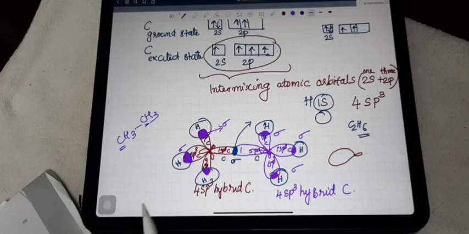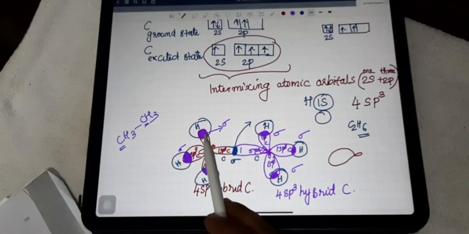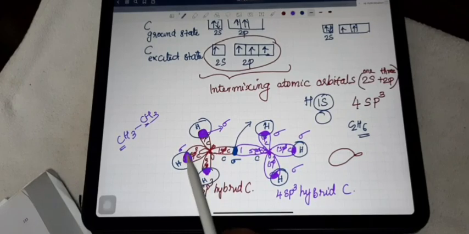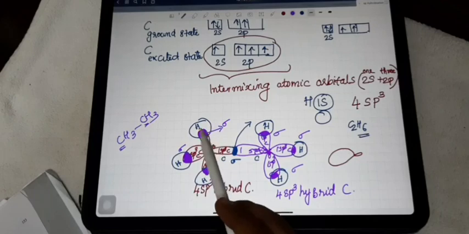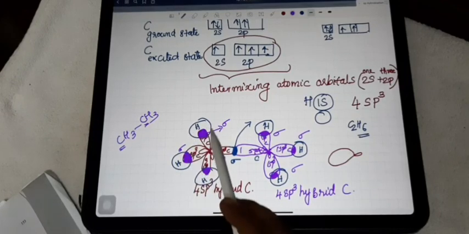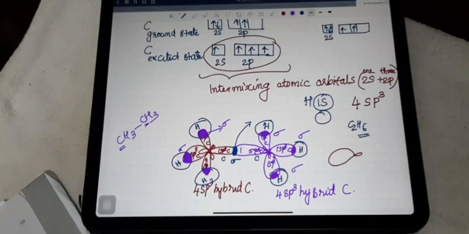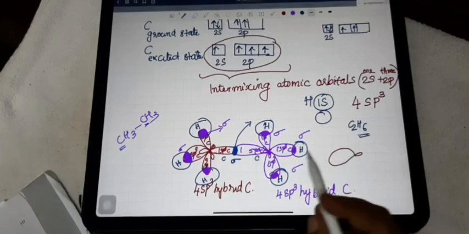They are axially overlapping, or end-on overlap, or head-on overlap. The other 3 hybrid orbitals of each carbon overlap axially with the 1s orbital of the hydrogen atoms to form C-H sigma bonds.